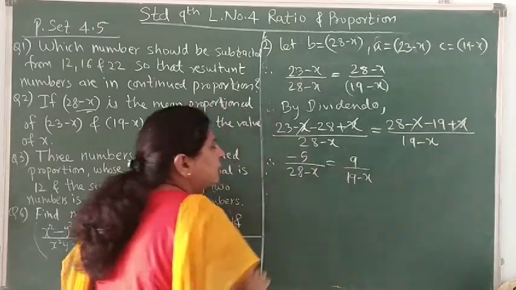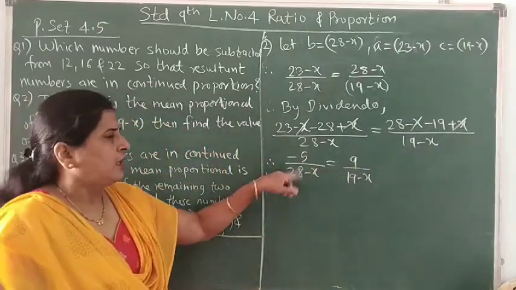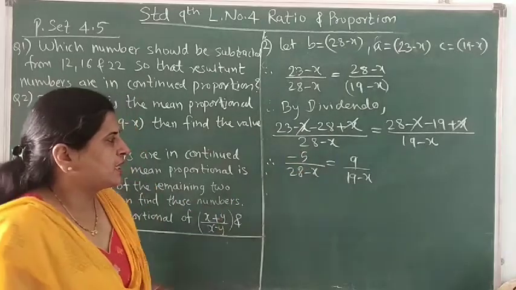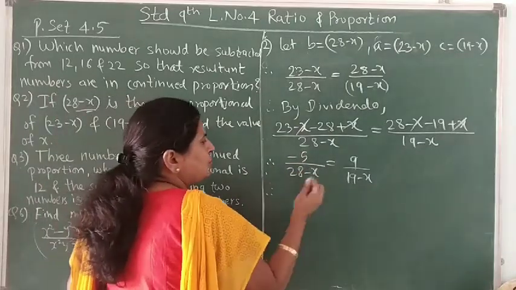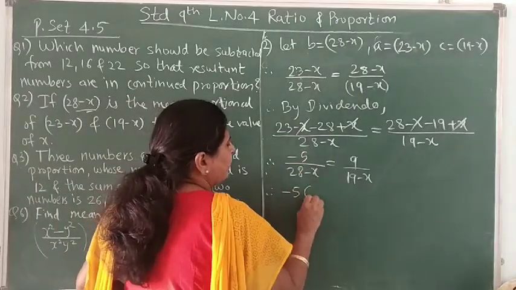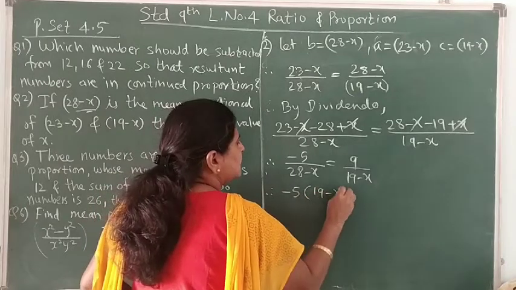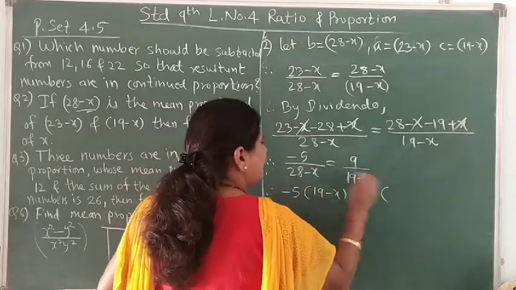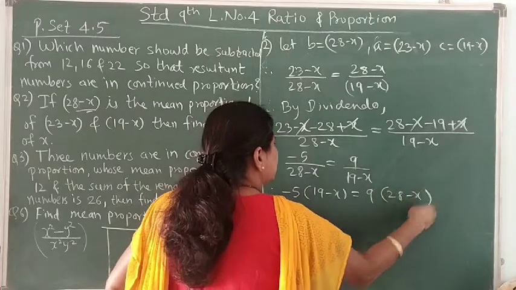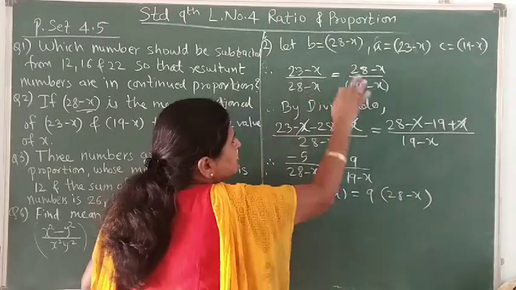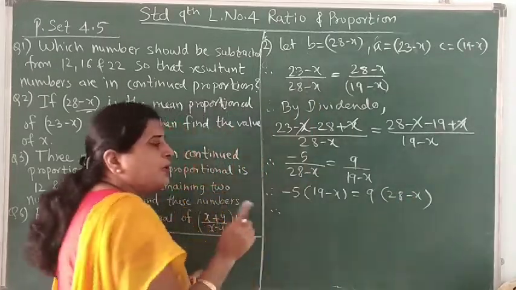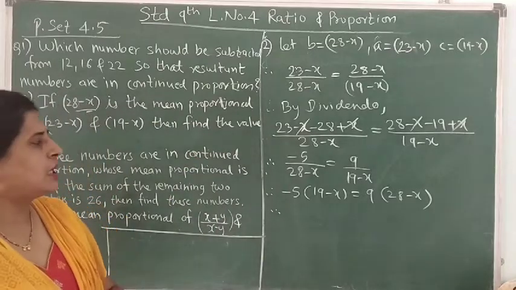Now this cannot be simplified ahead. 5 and 9 as well as the minus sign cannot go. Now just do cross multiplication. Minus 5 into 19 minus x is equal to 9 in bracket 28 minus x. At least we have reduced these terms to 2 times x. So binomial to binomial, we have reduced that calculation.